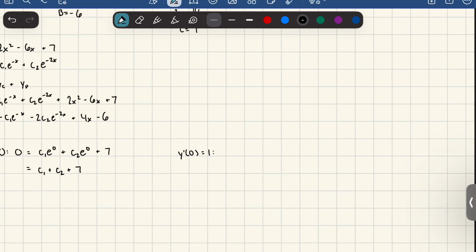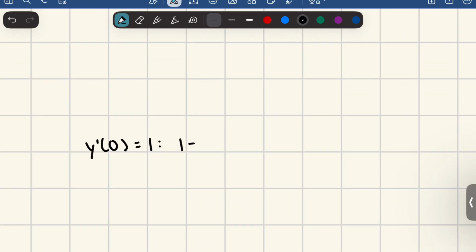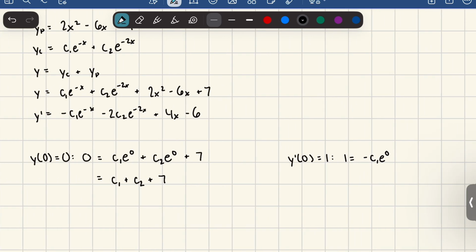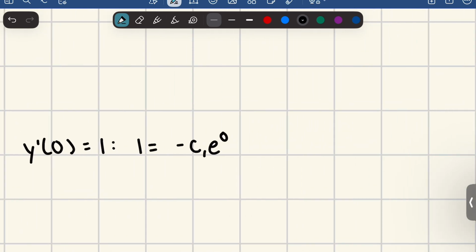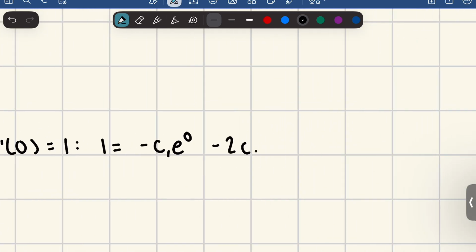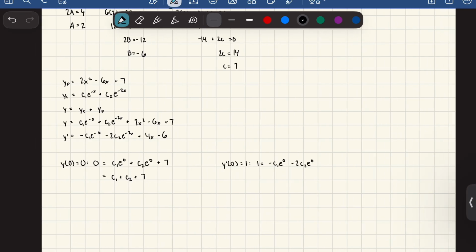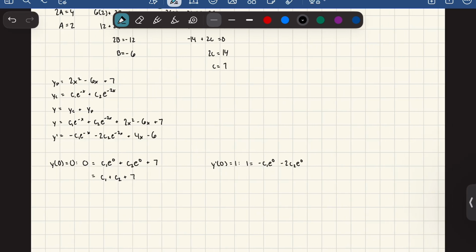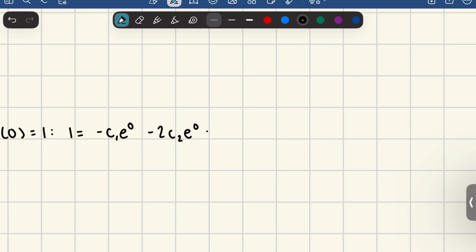In this case, y prime of 0 is 1, so I'm going to set it equal to 1. What was it? It was like negative C1 e to the 0, then negative 2 C2 e to the 0, plus 4 times 0 is 0, minus 6. So it equals negative C1 minus 2C2 minus 6.